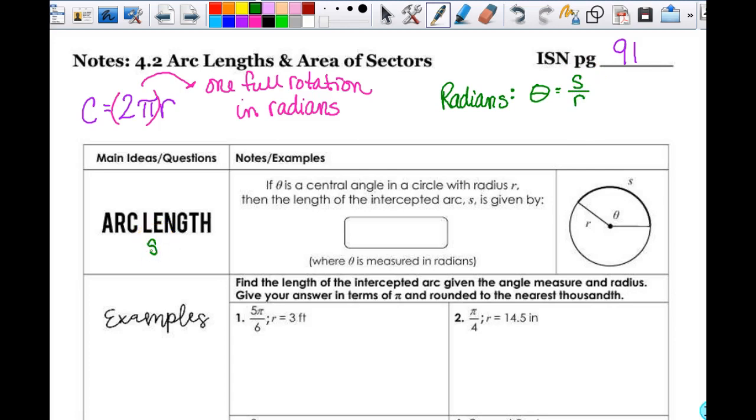So for a unit circle, the radius is 1, so the length of the arc is the angle measure in radians. These two things are kind of the same thing either way.